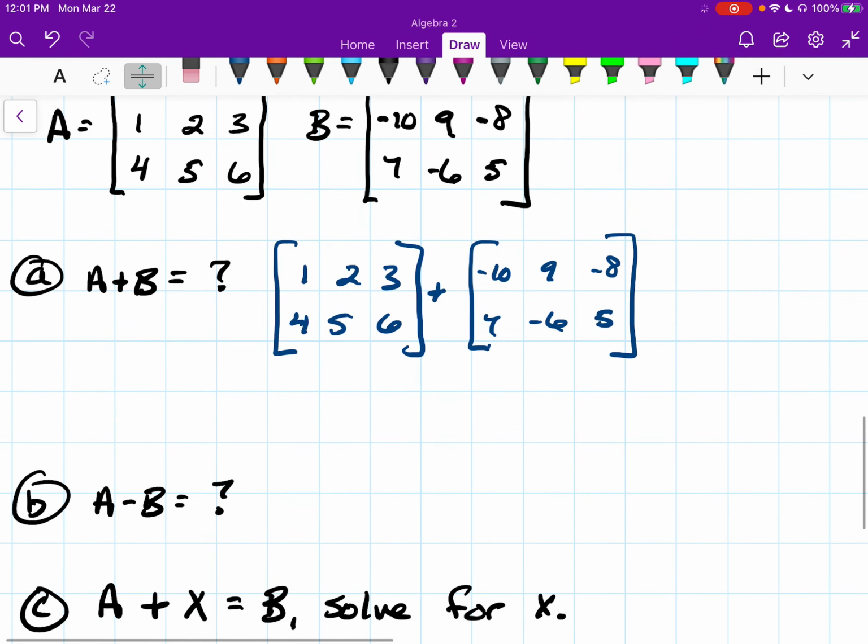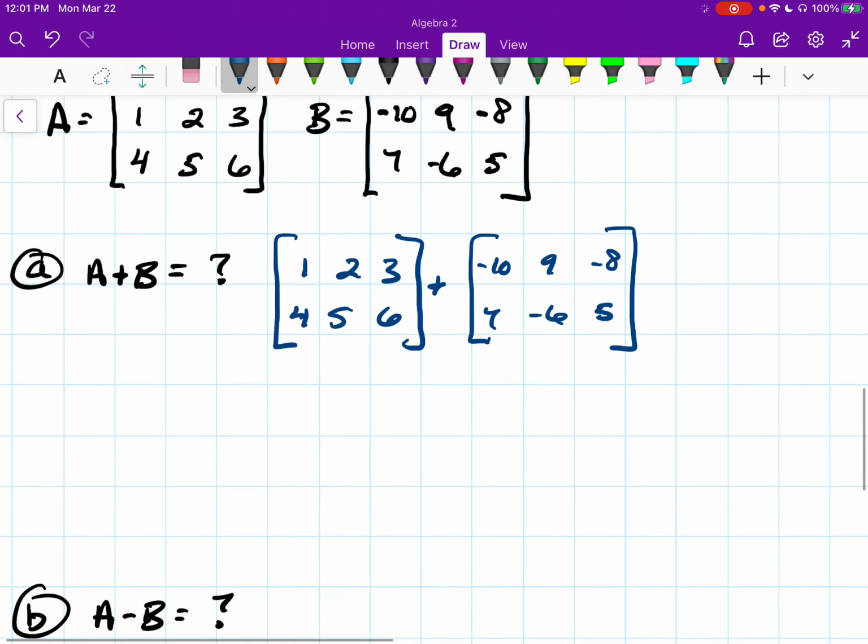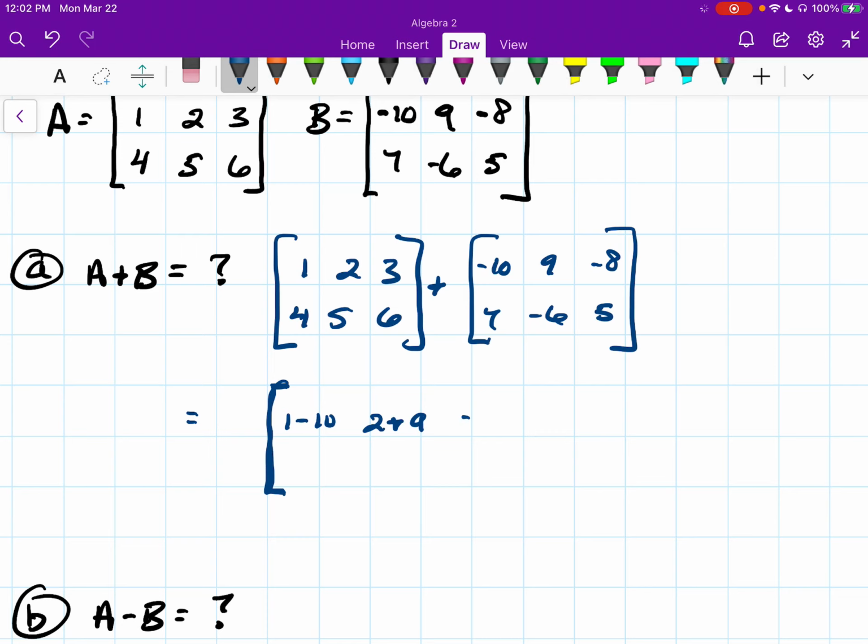When we put these together, we add corresponding parts, and I'm not actually going to do any of the addition in this step. I'm just going to write it out. So we'd have 1 minus 10, 2 plus 9, 3 minus 8, 4 plus 7, 5 minus 6, and 6 plus 5.